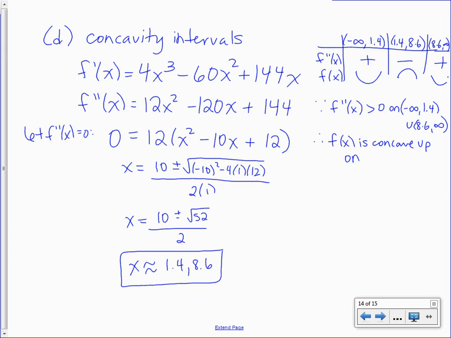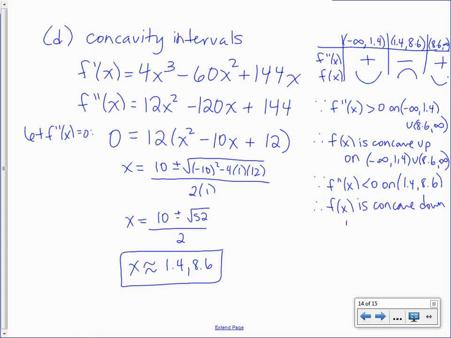So negative infinity to 1.4 and 8.6 to infinity. Since f double prime of x is less than 0 on 1.4 to 8.6, therefore f of x is concave down on 1.4 to 8.6. Concavity intervals.